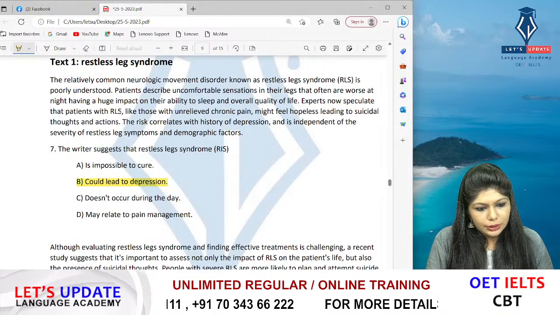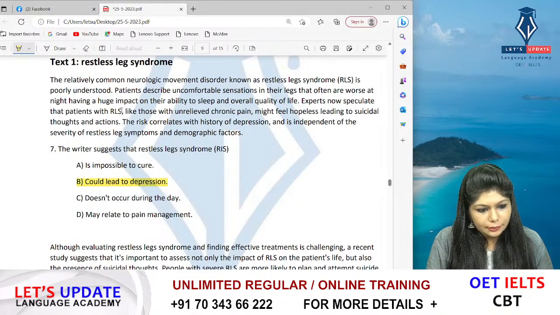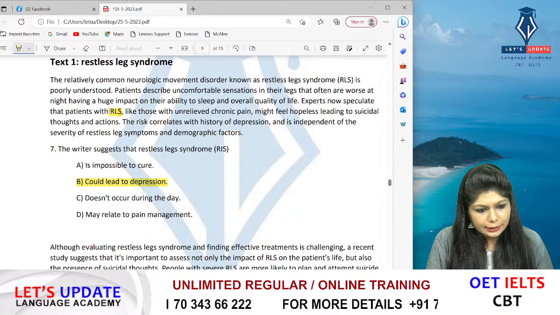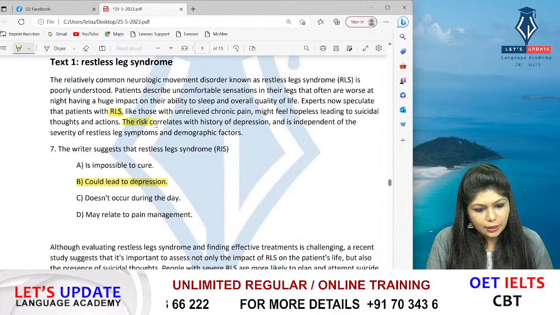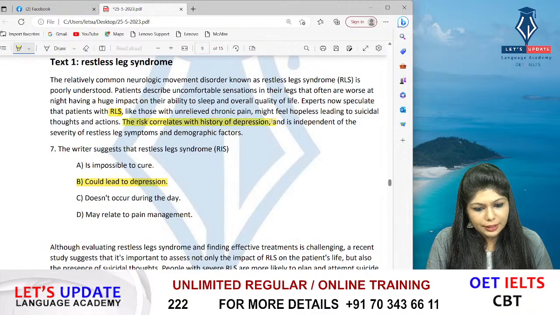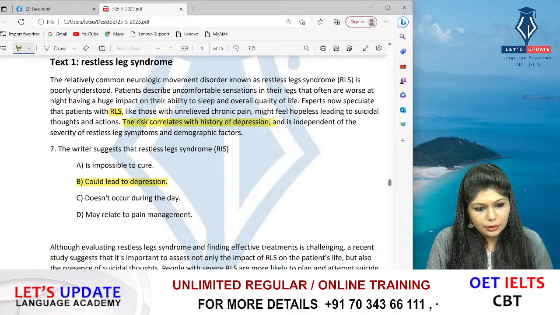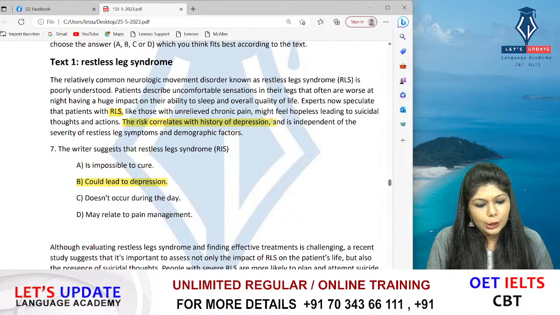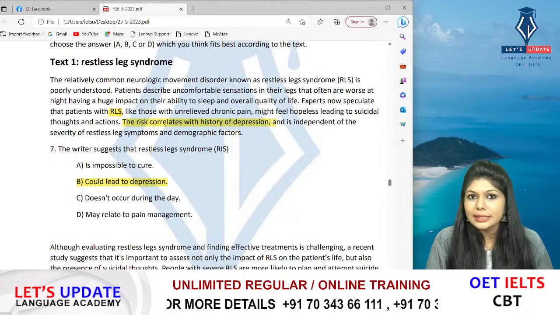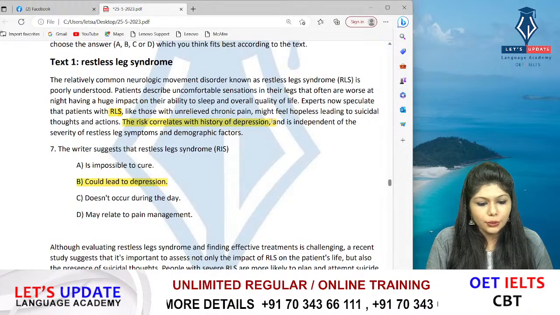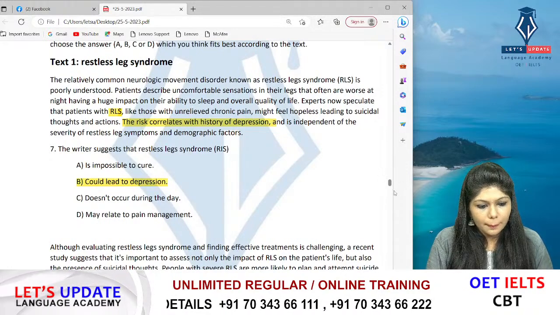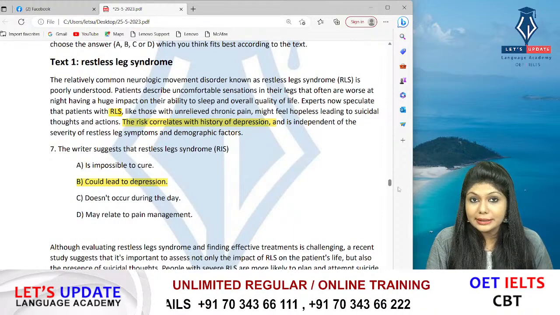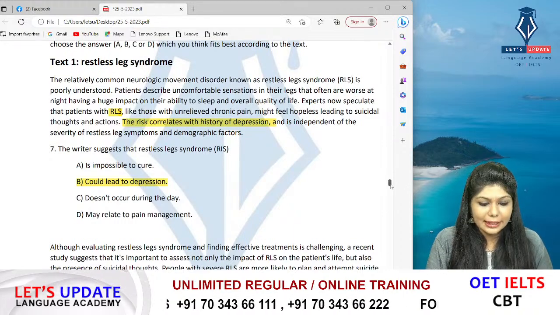So they are talking about RLS over here, and what they have mentioned is that the risk correlates with the history of depression. So yes, restless leg syndrome would indeed lead to depression, and that is why we have chosen option B as the correct answer. I hope this is clear to you.